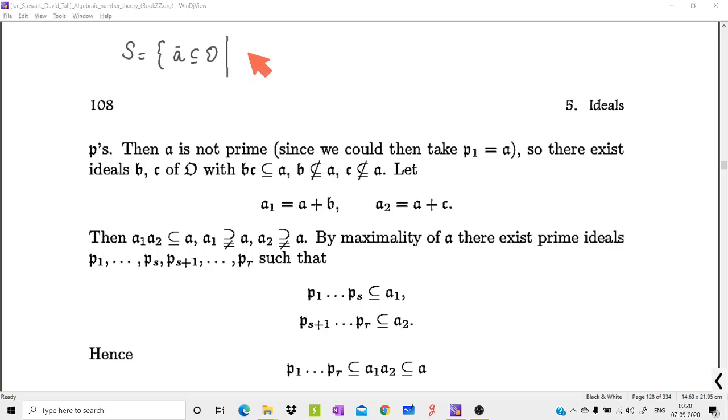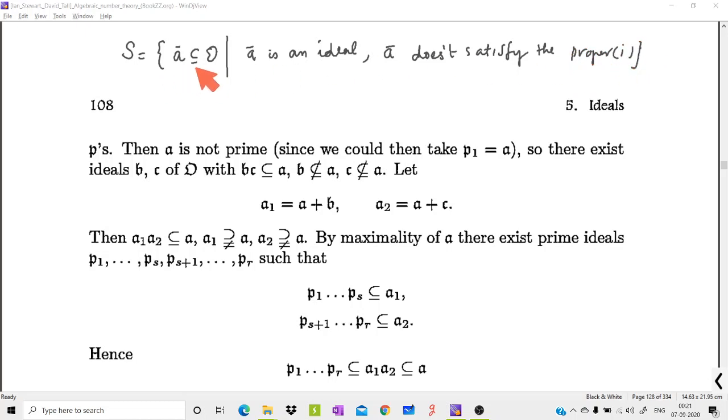A is an ideal of O which is non-zero, and A doesn't satisfy property 1.